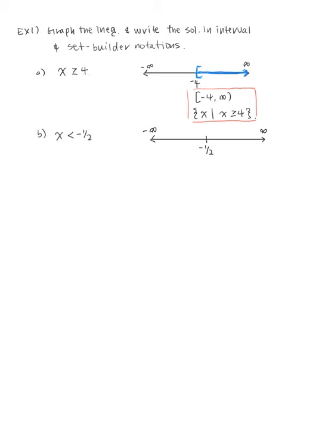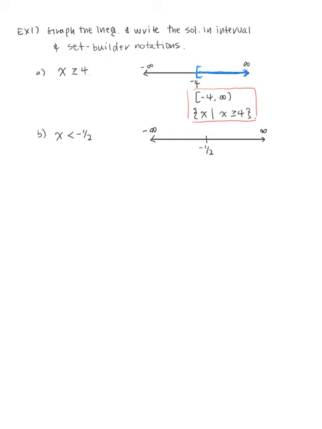Okay, so now let's read this together. All the x values are less than negative 1/2. So in this case, since you don't have the equal sign on the bottom of the less than, you're guaranteed that you're going to have an open parenthesis.